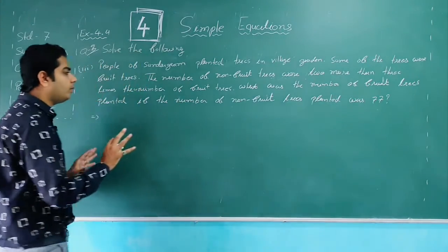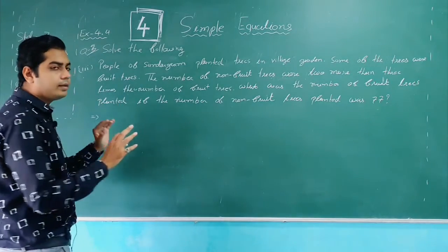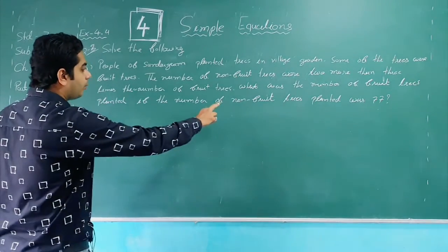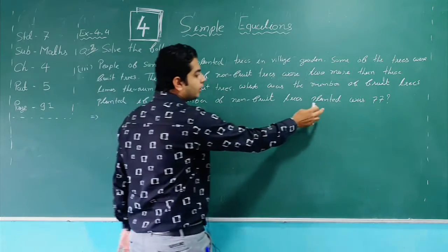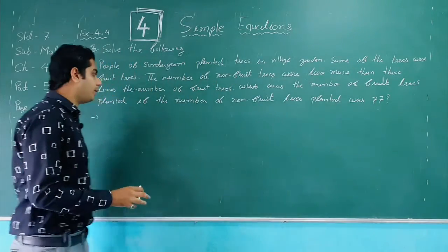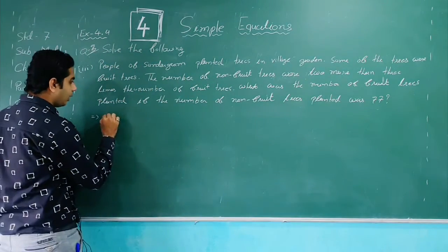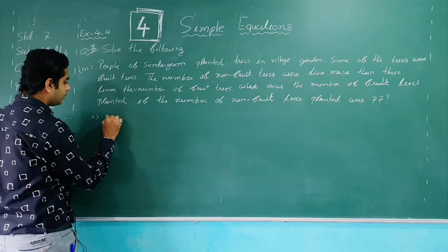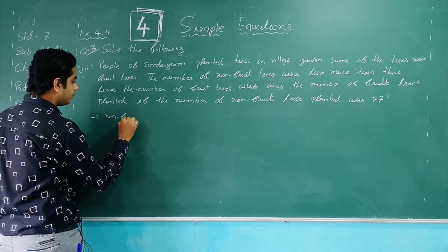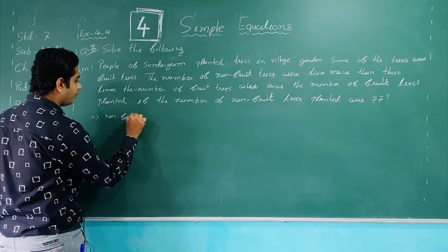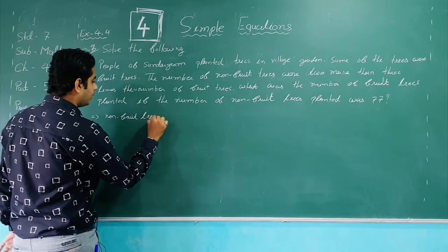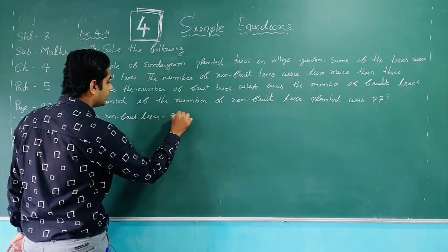First of all, whatever data is given, we have to write it down first. Here the number of non-fruit trees planted was how many? 77. So I'll write the data like this: non-fruit trees is equal to 77.